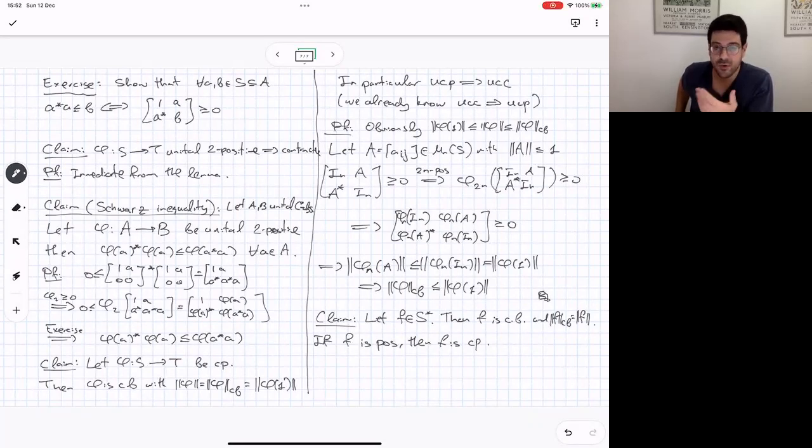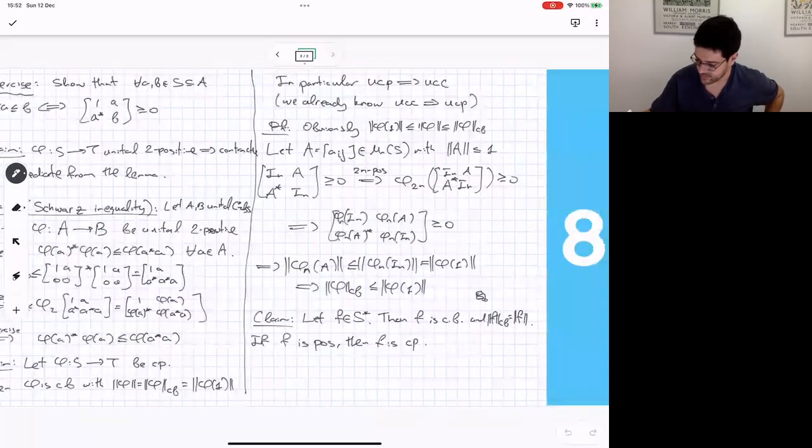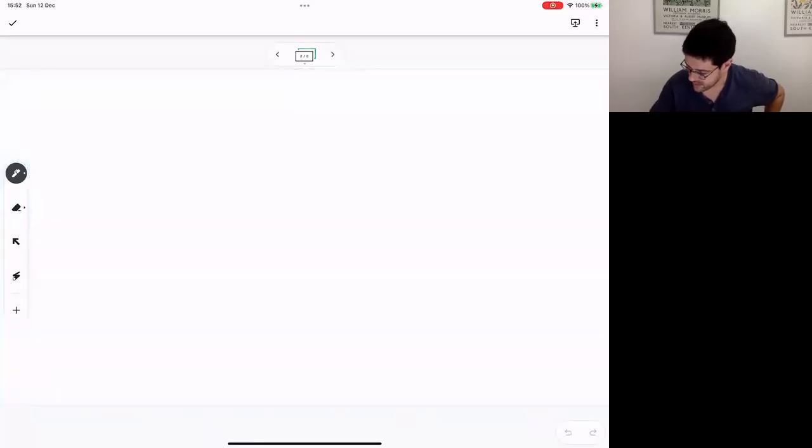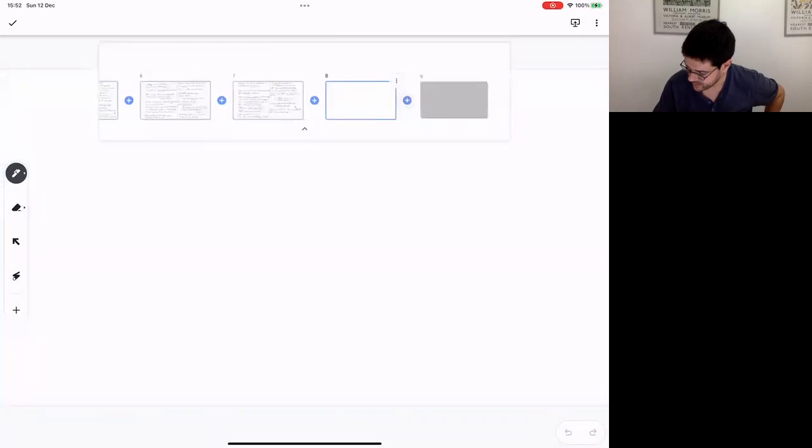But the same is true for any level, because of the first part. So it will be UCP, and then you multiply by f of 1. So let me write the proof and move to page 8.